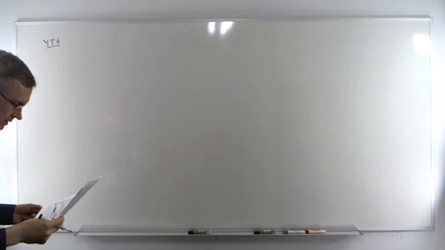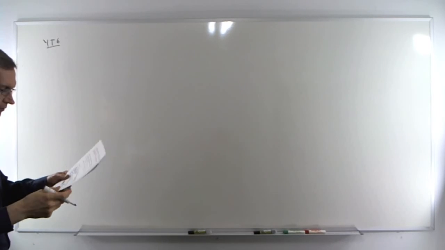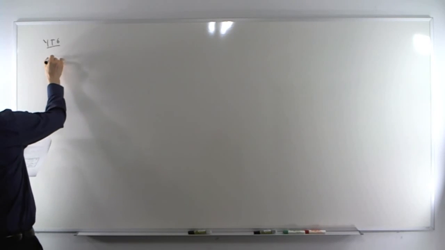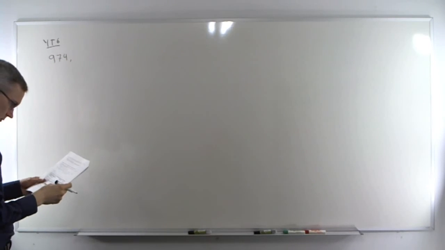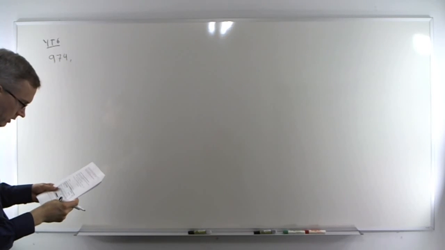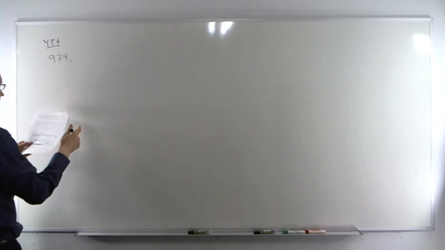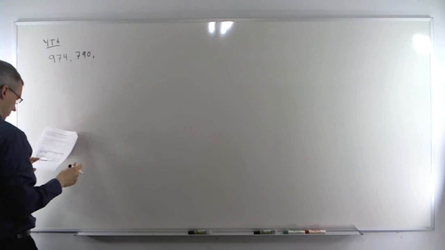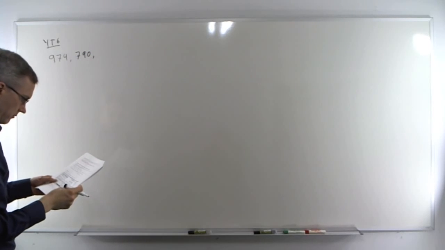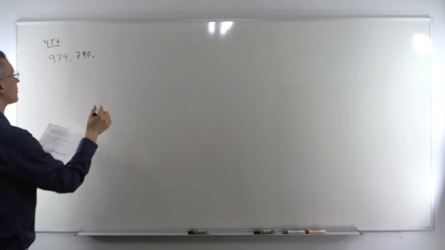For turn number 6, we've got 974 million, so 974. $790,000, so that's 790 here. $317.